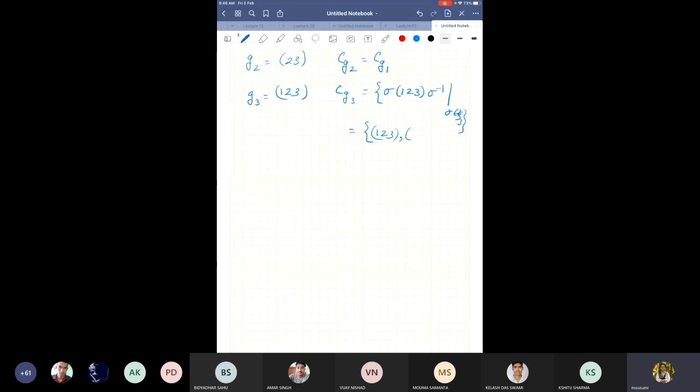There are only 2 three-cycles, right? Similarly, if you choose G4 to be (1 3 2), this is the same as the conjugacy class of G3. Check.